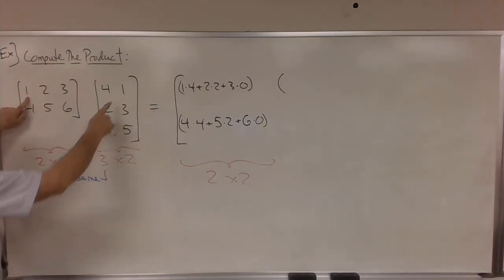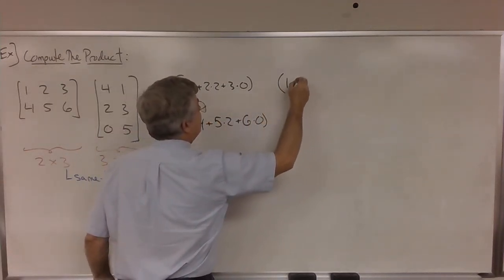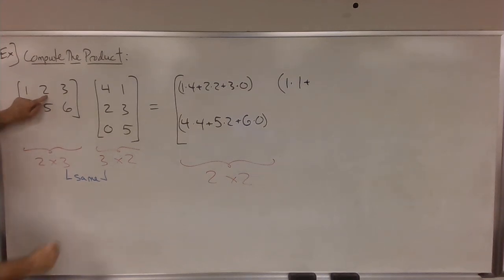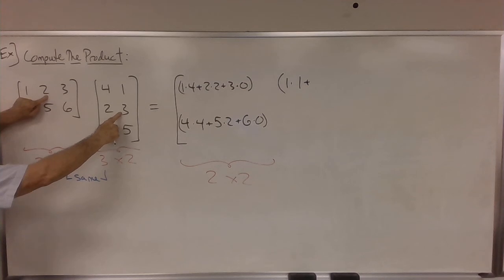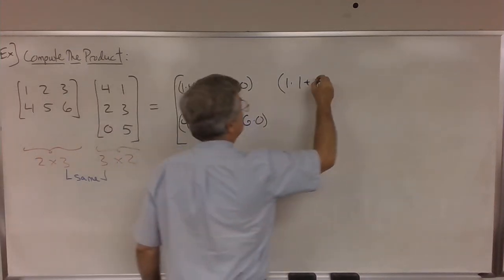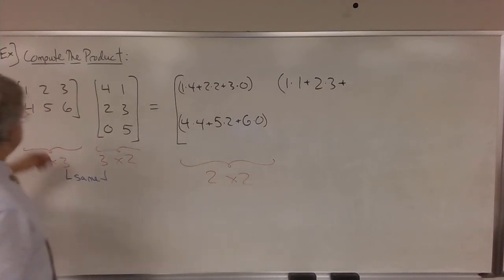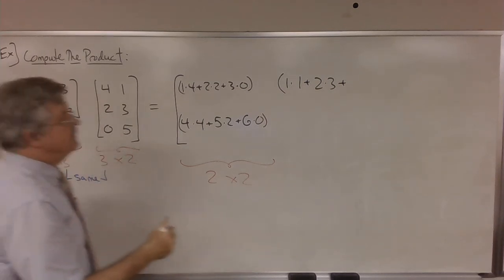We take the first element of each, 1 times 1, plus the product of the second elements, 2 times 3, plus the product of the third elements, 3 times 5.